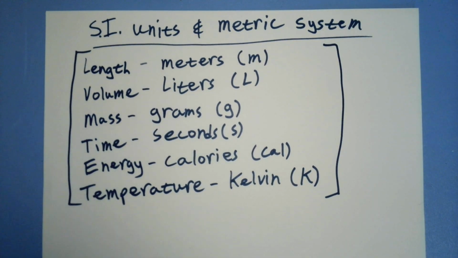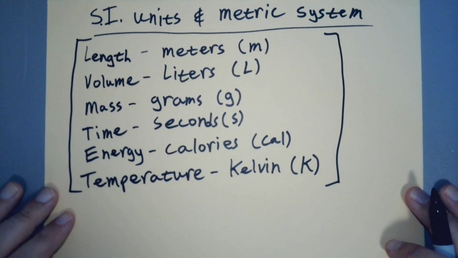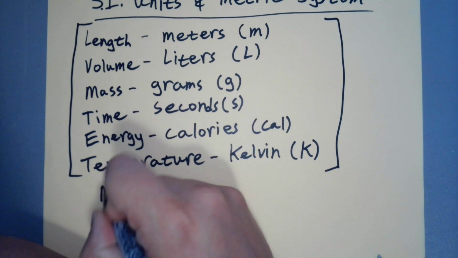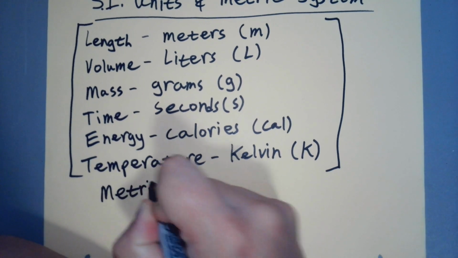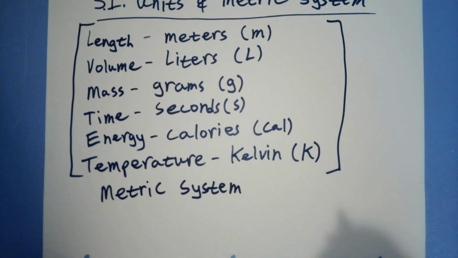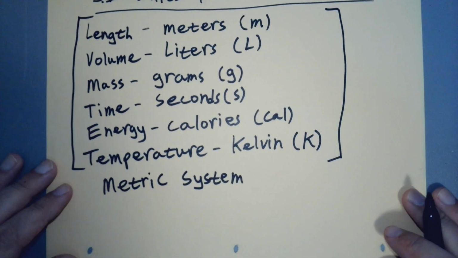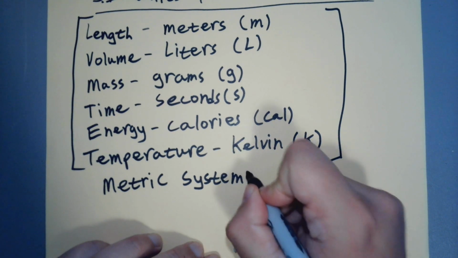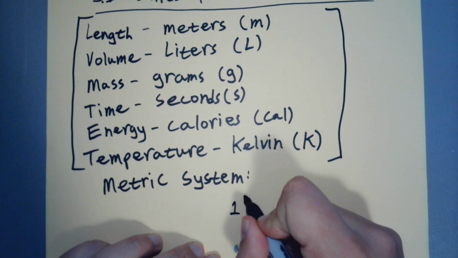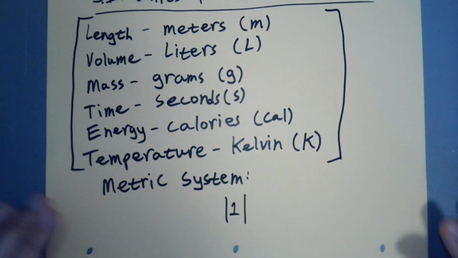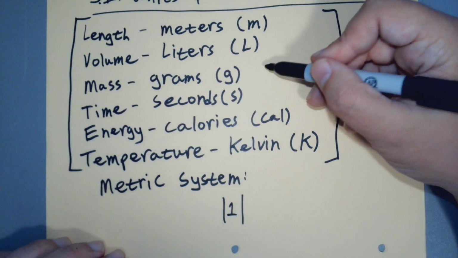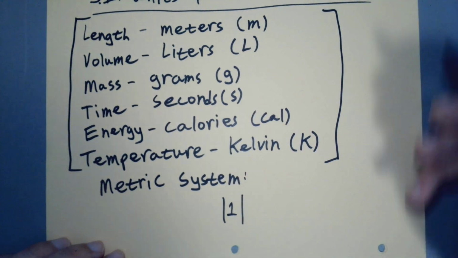And we can kind of compound these a little bit, or add on to this idea, with the metric system. This is a system of prefixes. We start with the ones place here, and that would be something like meters or liters or grams. We don't have any prefix for that, so there's no prefix.